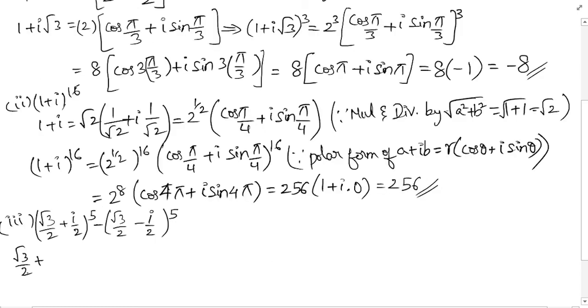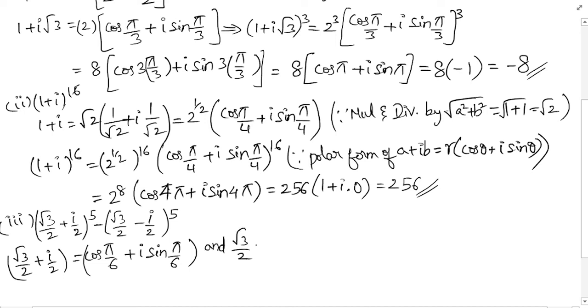Now we'll move on to the third bit. Here the square root of 3 by 2 plus i by 2 is equal to cos pi by 6 plus i sin pi by 6. Okay, and root 3 by 2 minus i by 2 can be written as cos of pi by 6 minus i sin of pi by 6.